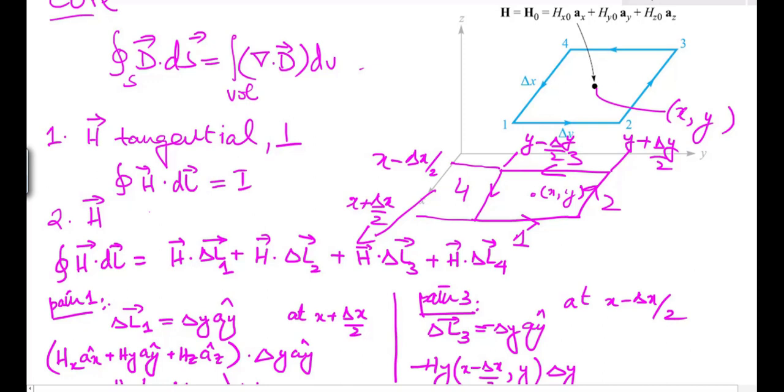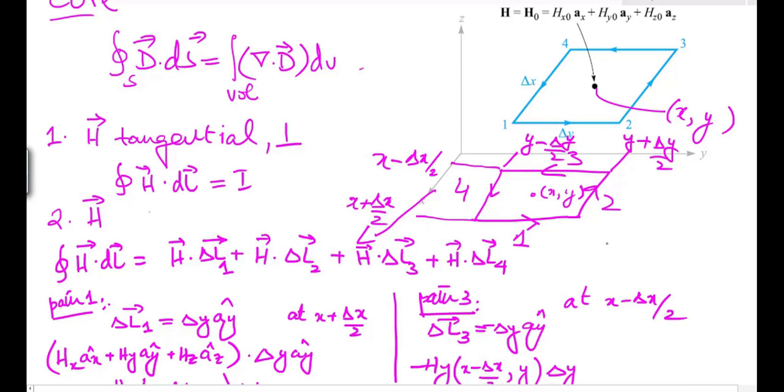So this path is changing only in the x direction, having the magnitude delta x, and it has the direction which is negative ax, because the positive x is in this direction, and this path is directed in the opposite direction. That's why we take this as the negative x-axis, or the minus ax.